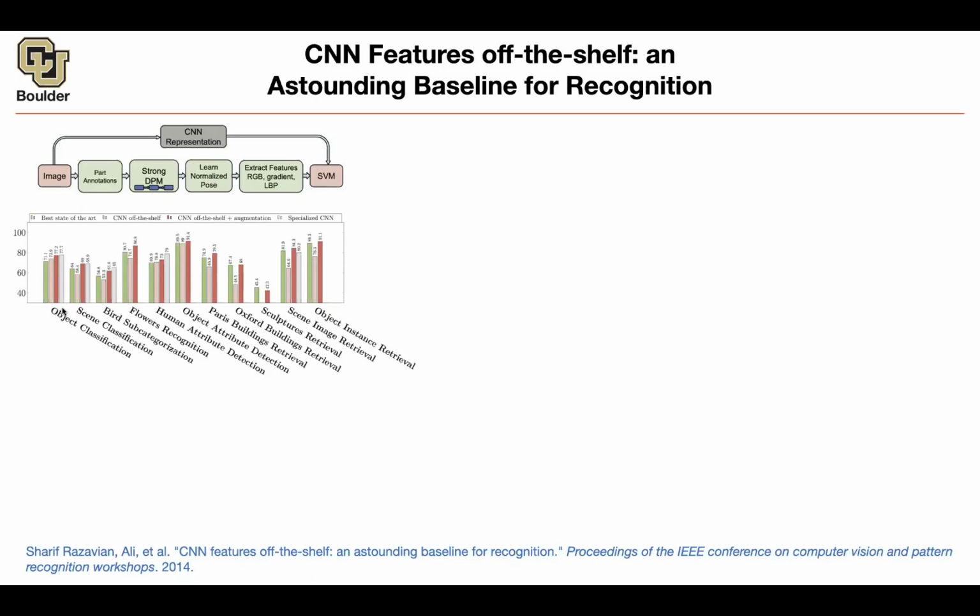There are also some specialized CNN architectures for these tasks. Because they are specialized, they are most of the time going to do the best, but still, we have a very good baseline: taking an image, pushing it through a CNN, getting some features, and then feeding them to a support vector machine or a logistic regression.